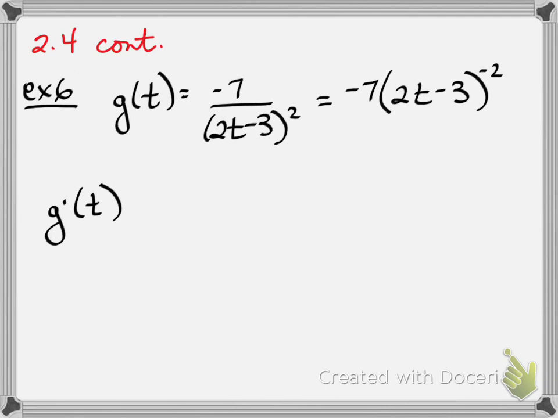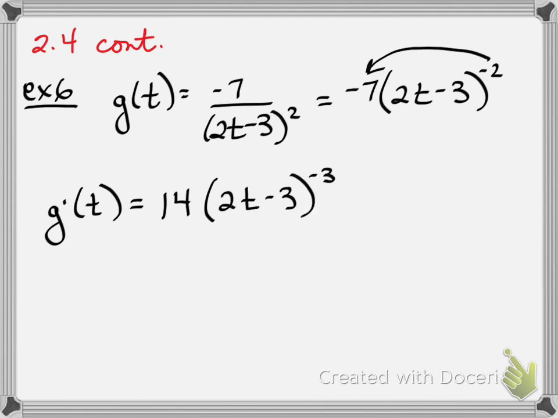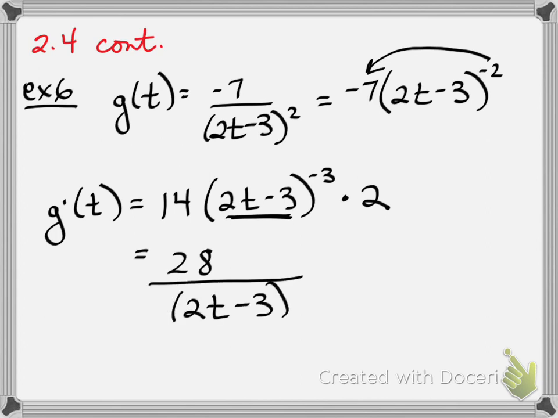So we'll treat 2t minus 3 as a thing, and then we'll just take the power times the constant times the thing to the 1 less, and now we need to do the derivative of this. To finish it up, we'll make that 28. We'll kick the 2t minus 3 to the denominator and give it a positive power.